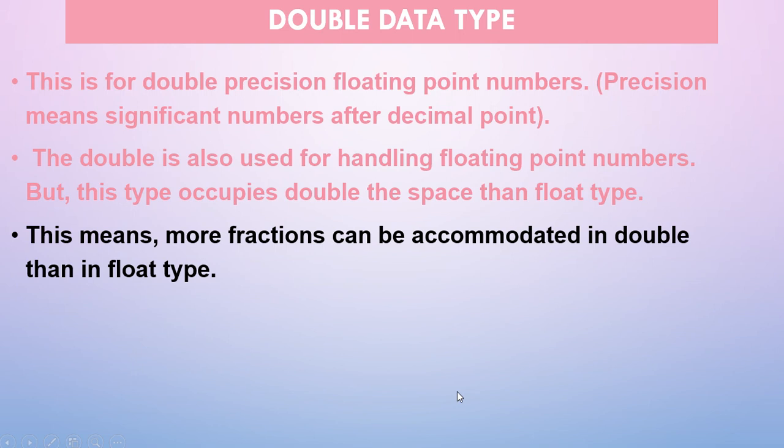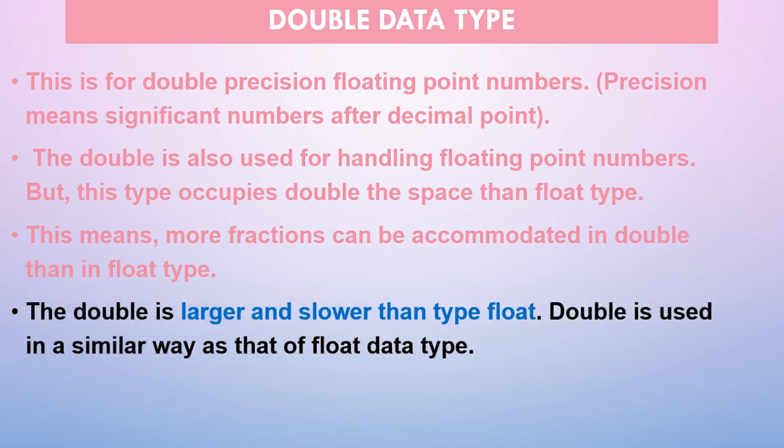In the float data type we have a size of only 4 bytes, so only 4 bytes of data can be stored in float. The double data type is just double the size, so up to 8 bytes of data can be stored. So double is larger and slower than the float data type. Float is larger than integer, but slower than integer.